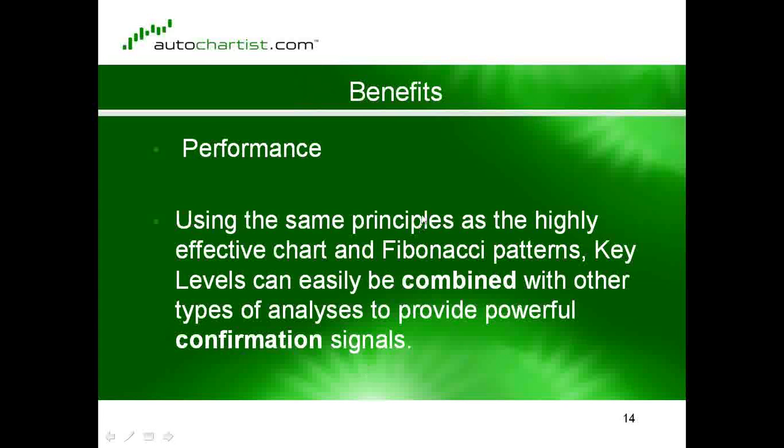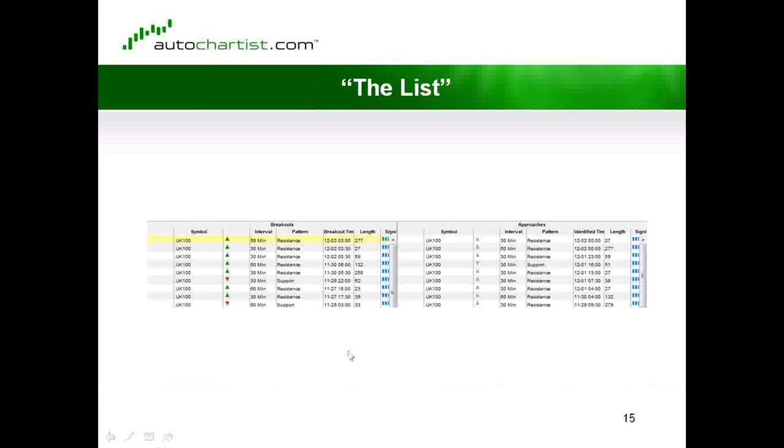You can use it with Autochartist Fibonacci levels and key levels. And if you have MT4, you can also combine it with moving averages, Gann angles, and other directional indicators.